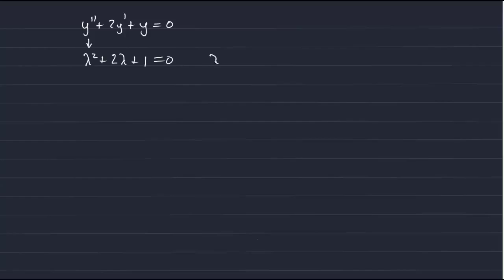And this gives lambda is equal to minus 2 plus and minus the square root of 2 squared, 4, minus 4ac, which is 4, all over 2a, which is 2, and that's equal to minus 1 and minus 1. So we have only one number representing 2 roots. So we would here say that the 2 roots are identical.